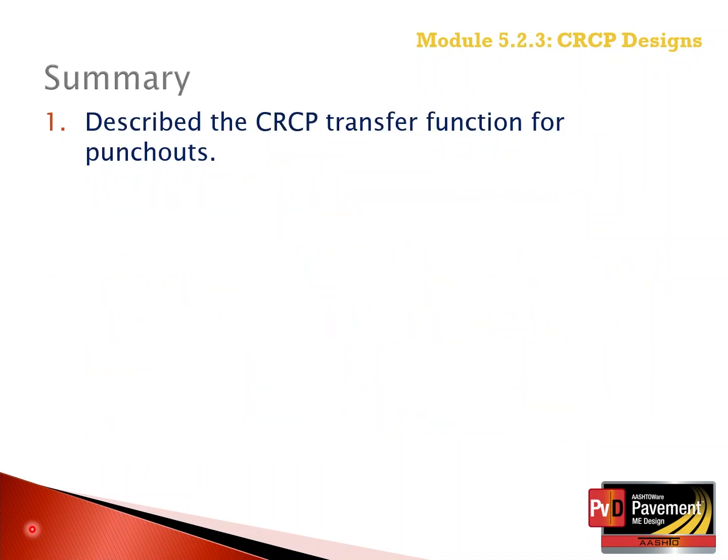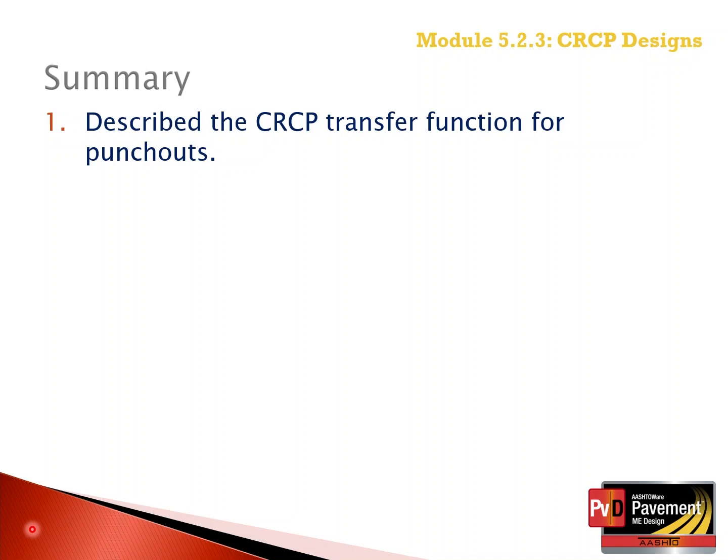In addition to the outcomes from Module 5.2.3, remember from the previous 2 submodules on the CRCP distresses of punch-outs and then IRI, the previous 2 modules provided the following outcomes.